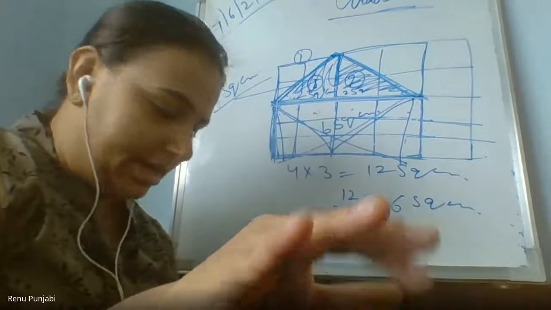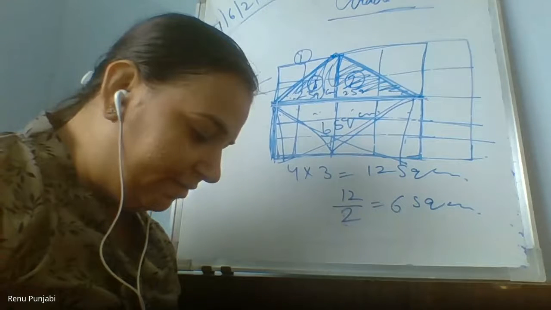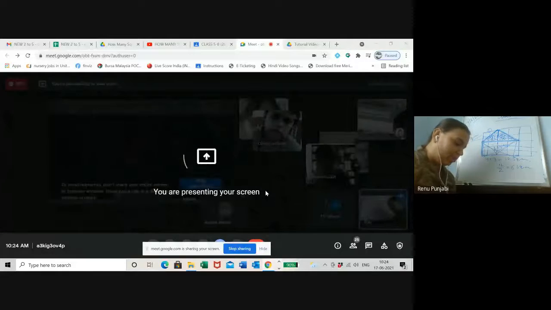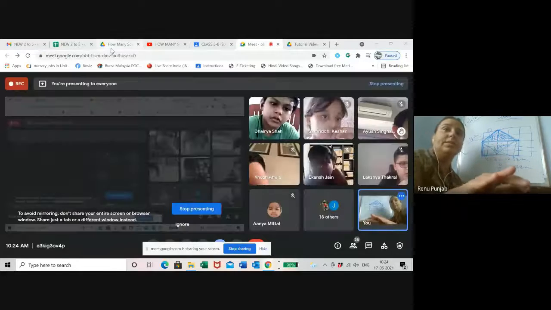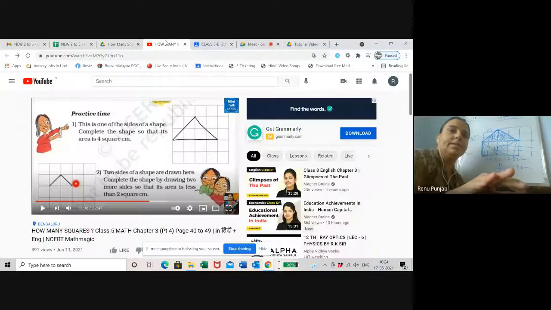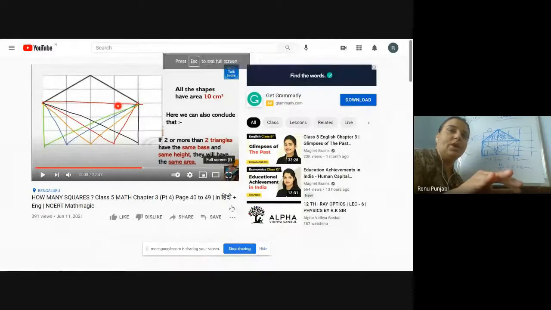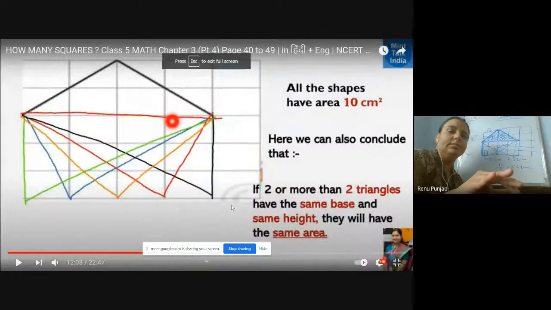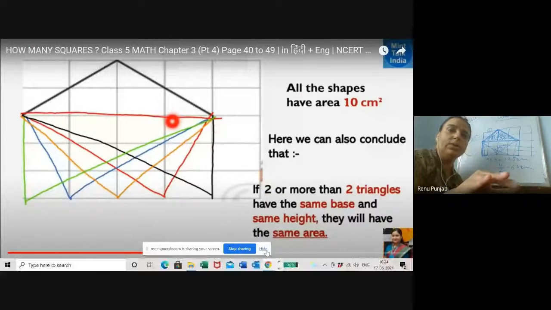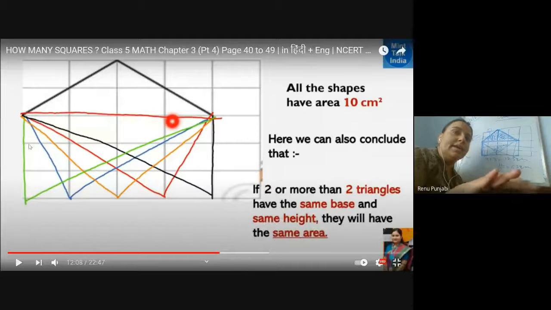That is the reason. Now at the down, they have given one side of a shape. Complete this so that its area is 4 square centimeter. Is the screen visible to you all? Yes. You can see the base is the red one which is same and the height is this black one which is same for the down triangle.